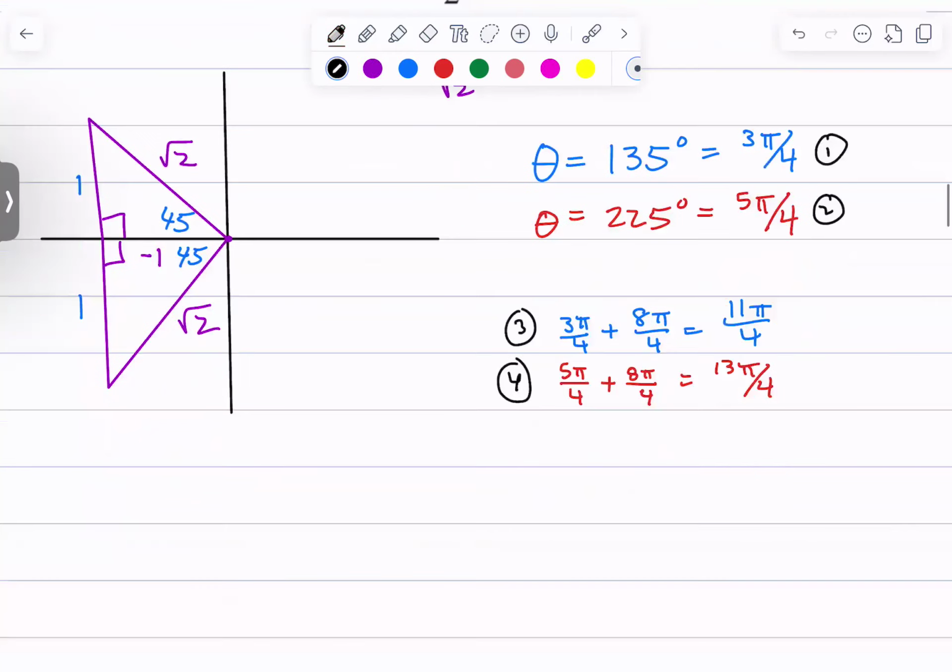How do I get my fifth one and my sixth one? I'm going to add 2 pi again. 11 pi over 4 plus 8 pi over 4, and then 13 pi over 4 plus 8 pi over 4.